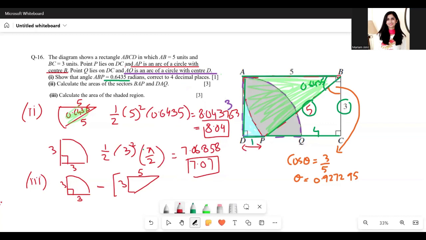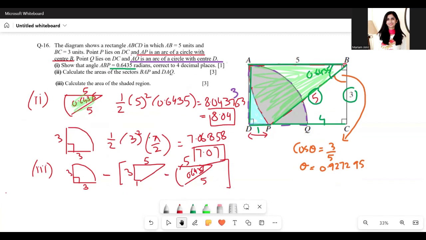So that's 1. Now from this, we subtract the area of the sector, which we've already calculated, by the way. So this is 5, and this is 0.6435, but we already have that. So let's just enter the values.